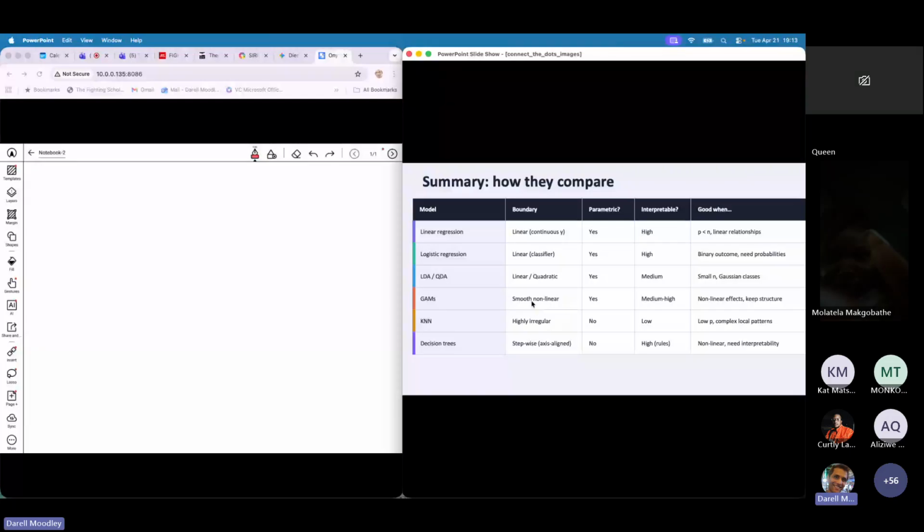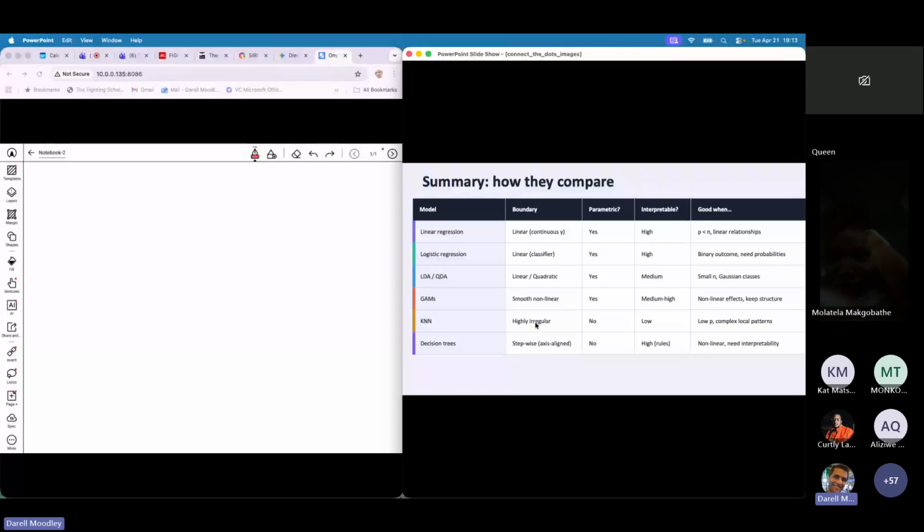So it can do very well at fitting to data that doesn't follow a straight line. Any wave-like nature of data, GAMs can do better at predicting continuous values when the pattern follows that kind of shape. KNN, highly irregular, not a very efficient algorithm, doesn't really learn anything from your training data set.